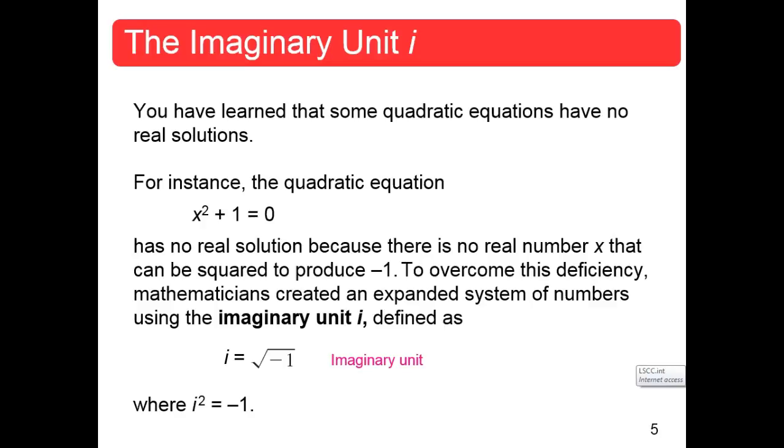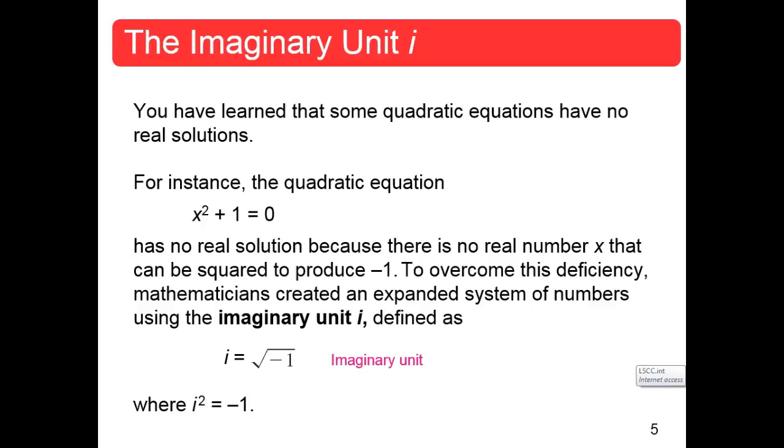A negative number? Pick me a negative number. Negative 1. Negative 1 squared is 1, plus 1 is 2, not 0. You cannot find a number that you can plug in there and make that equation true. Not in the real number system. No real solutions, we used to say.